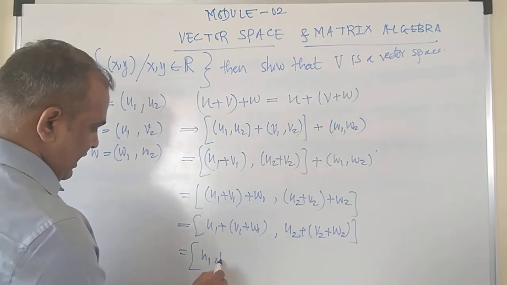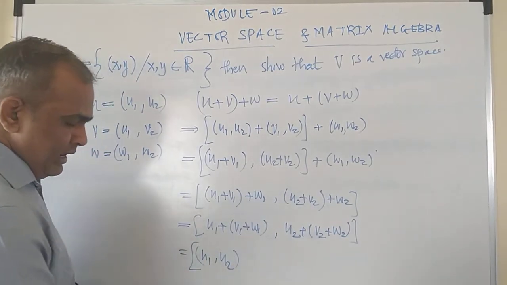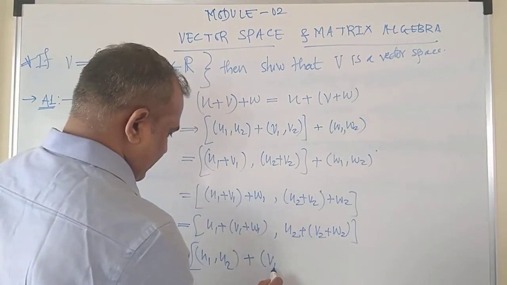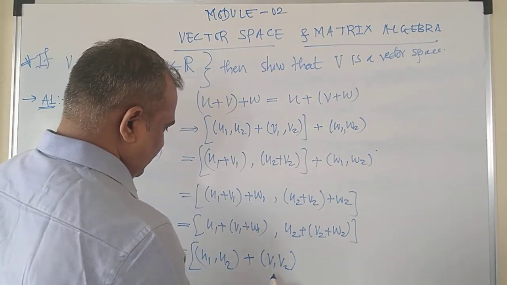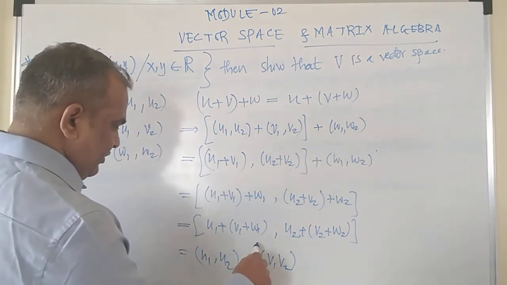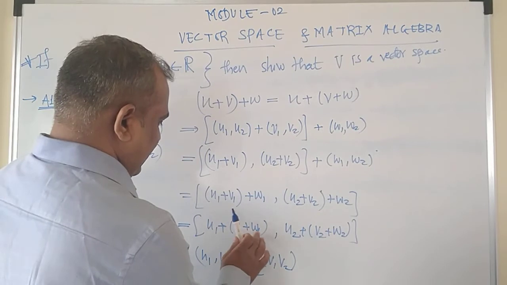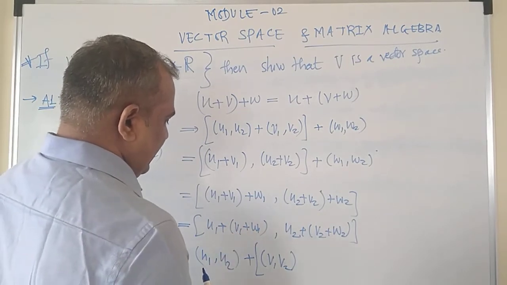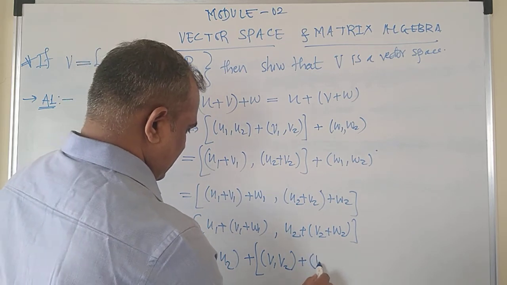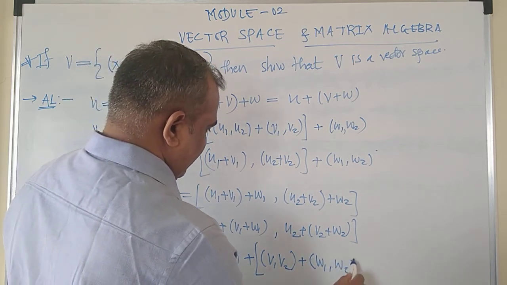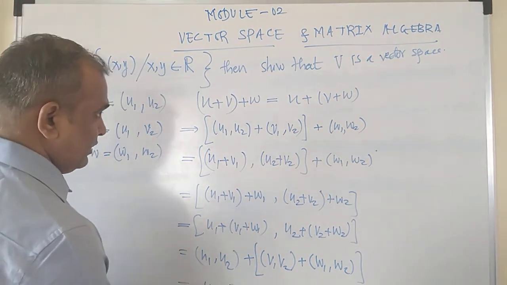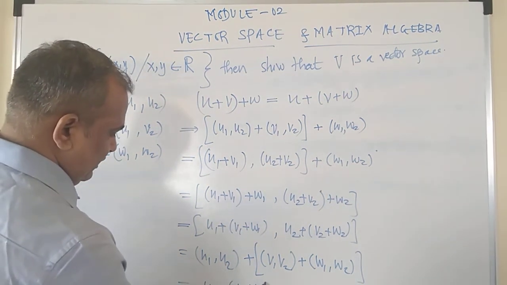So u1 and u2 I can write in one bracket, plus v1 v2 I can write in the other bracket, and this bracket I will change here because these are u and v and w in one bracket, plus w1 w2. So this gives me u plus v plus w.